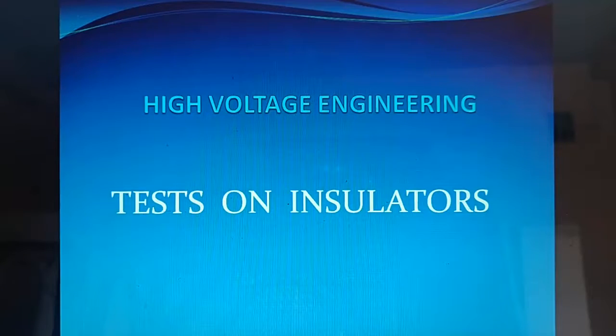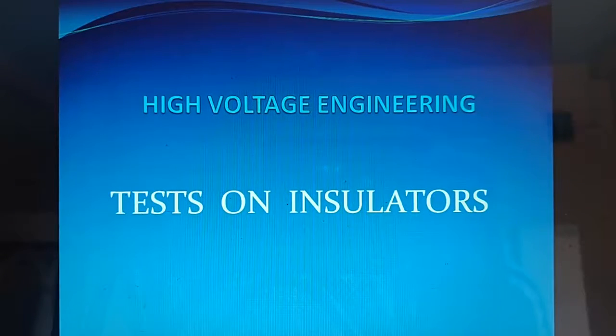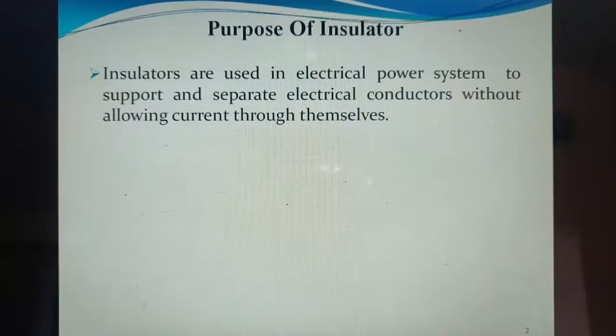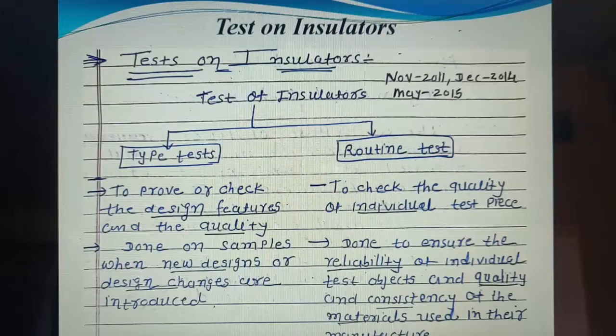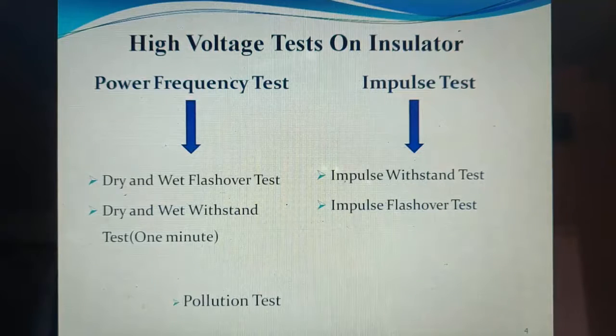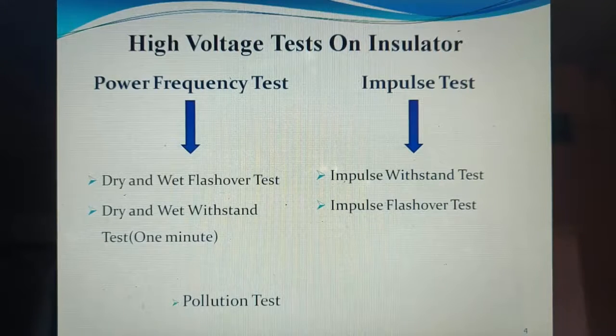Now we will discuss the different types of tests conducted on insulators. Generally the basic categories are type test and routine test. The type test is done to check the design features and the quality.